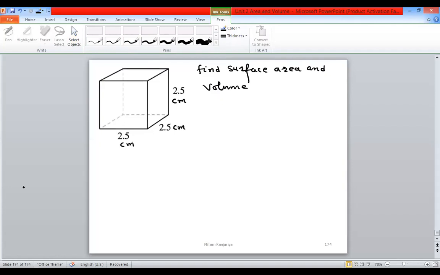So students, please start and tell me the answer. Please write down your answer. These two formulas you always remember.